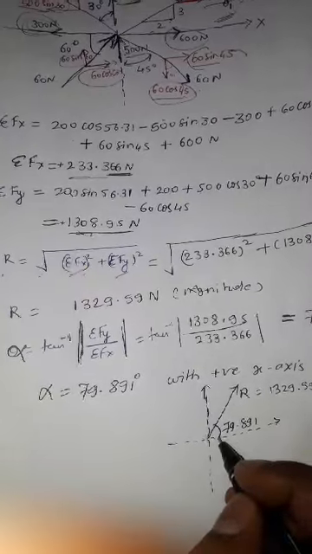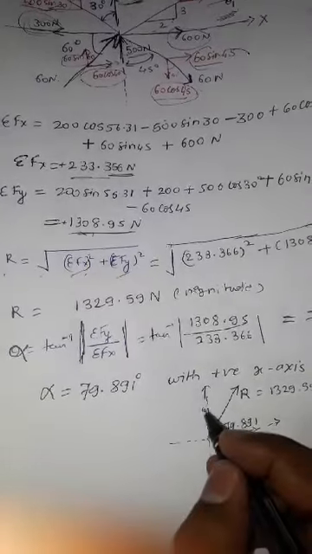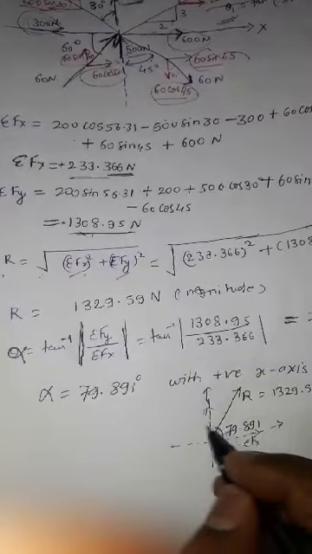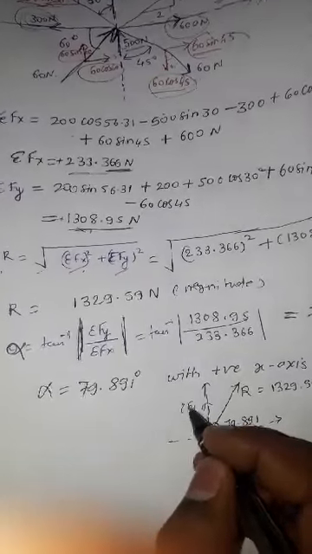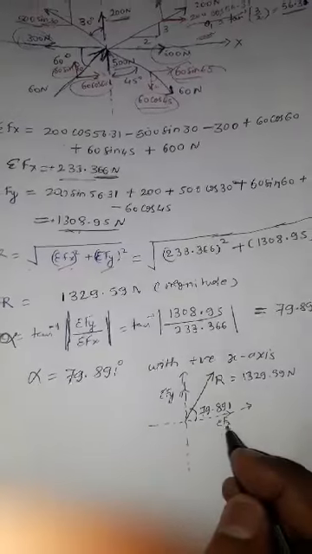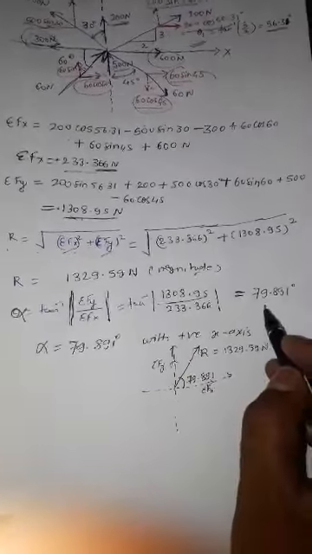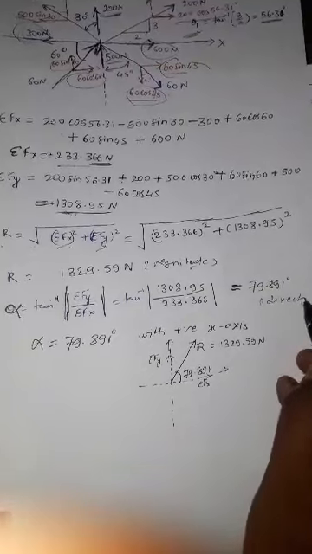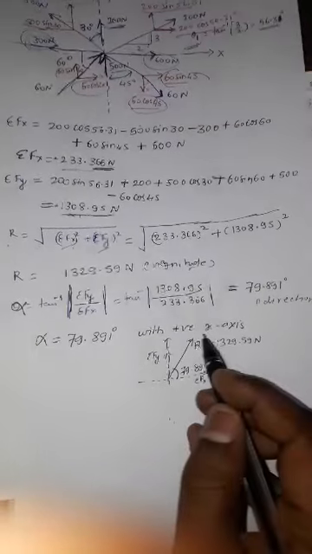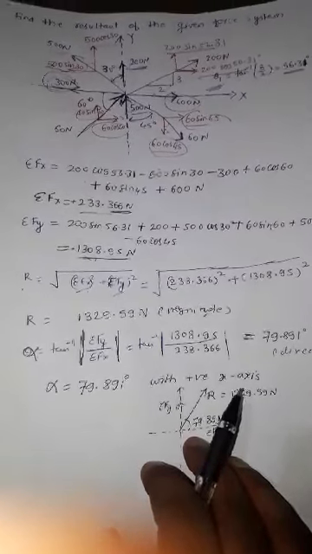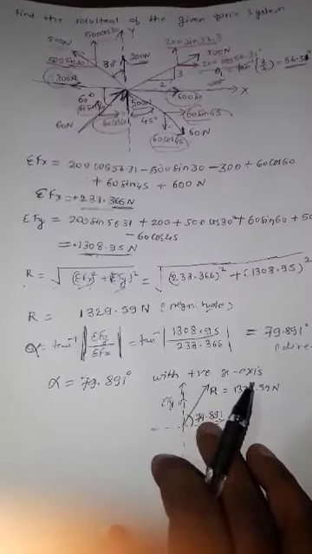If you want, you can show the components also, summation Fx and summation Fy here. In this way you have to show the resultant after calculating the magnitude and direction. This will represent the direction. So this is the first numerical related to resolution and composition of forces.